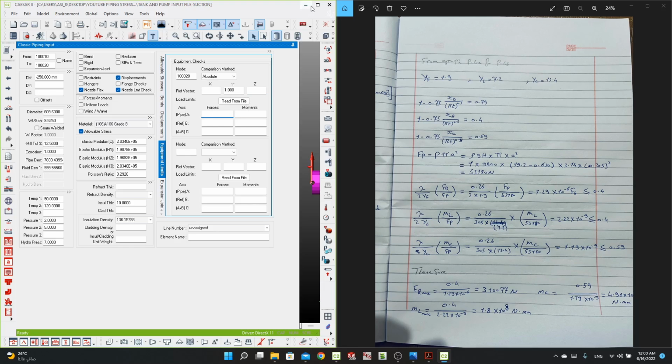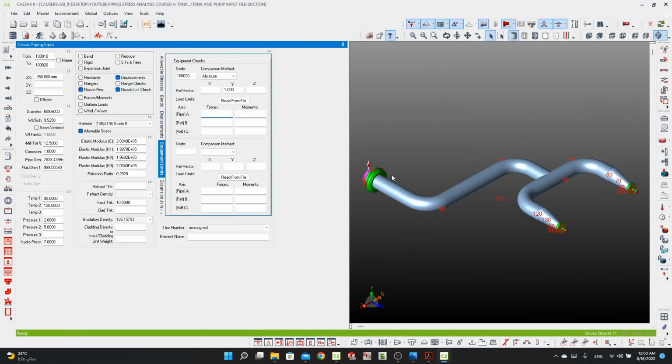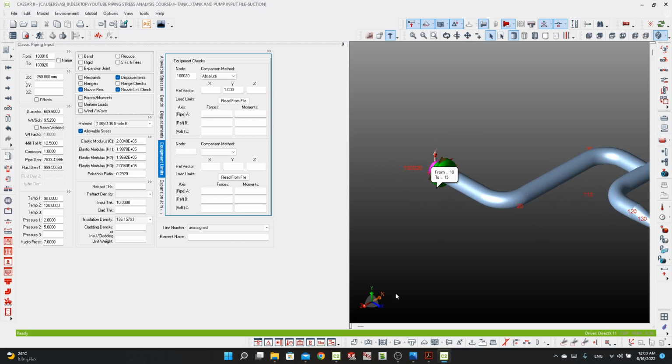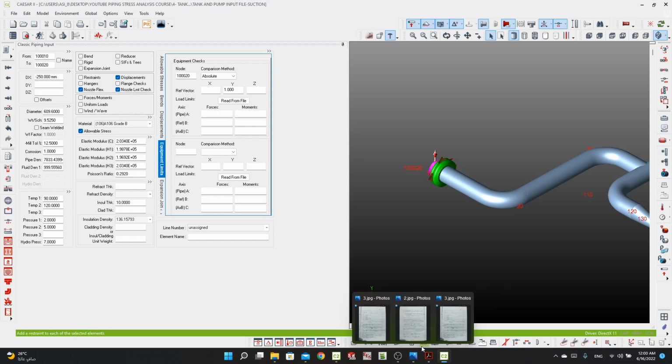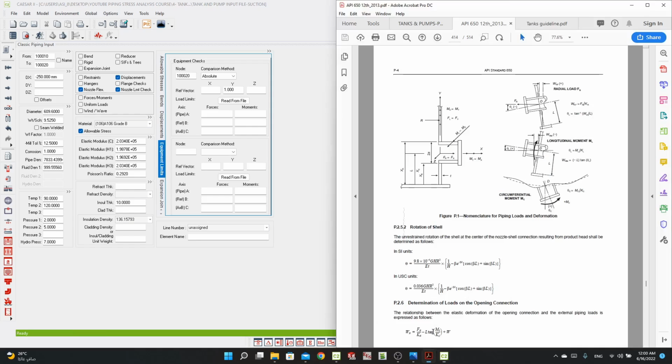Before I start this, let me explain something. There's something called local coordinates. The coordinates that we are using here are the global coordinates. So when we need to apply the allowable moments and forces of the tanks or any equipment, we need to check the location of the local coordinates and what exactly the local coordinates are.